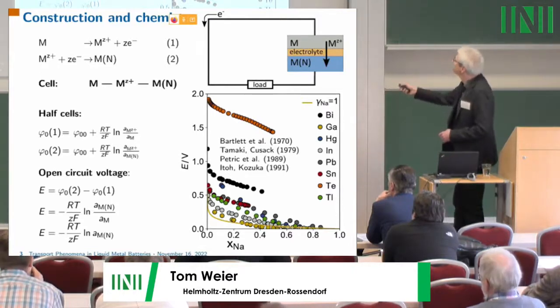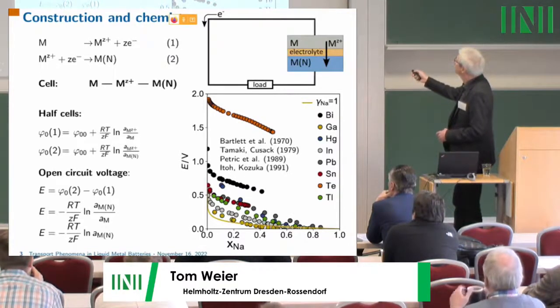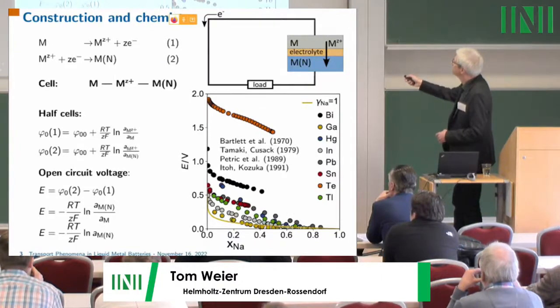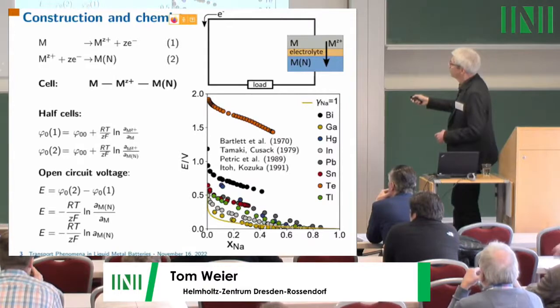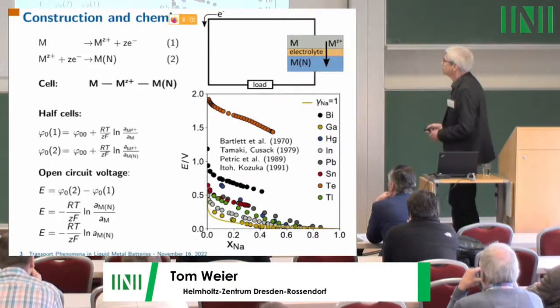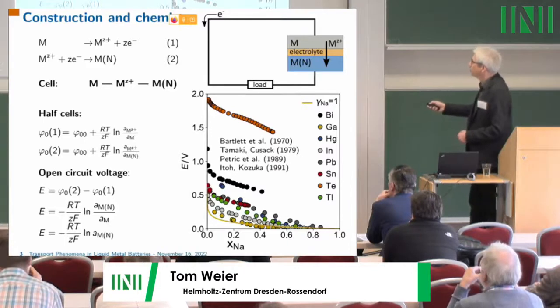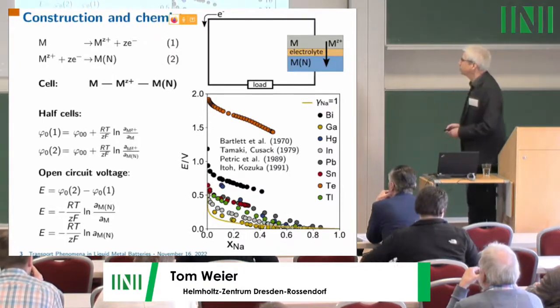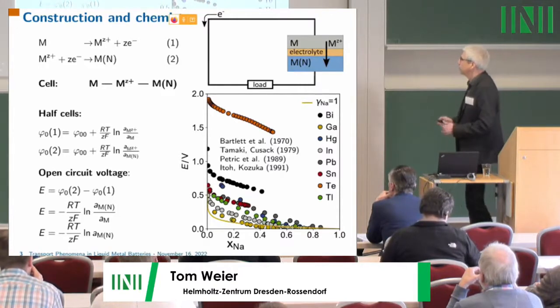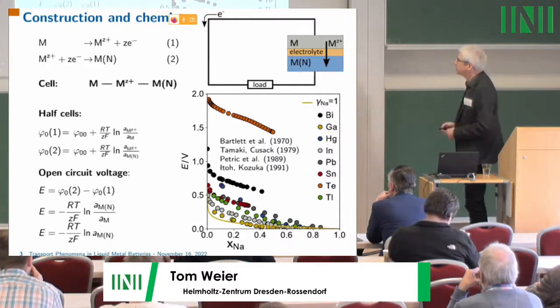So we have a potential for the upper interface, 1, and the lower interface, 2. And this is how you describe these potentials, the Nernst equation. There is a so-called standard potential that comes from electrochemistry. It's simply tabulated.